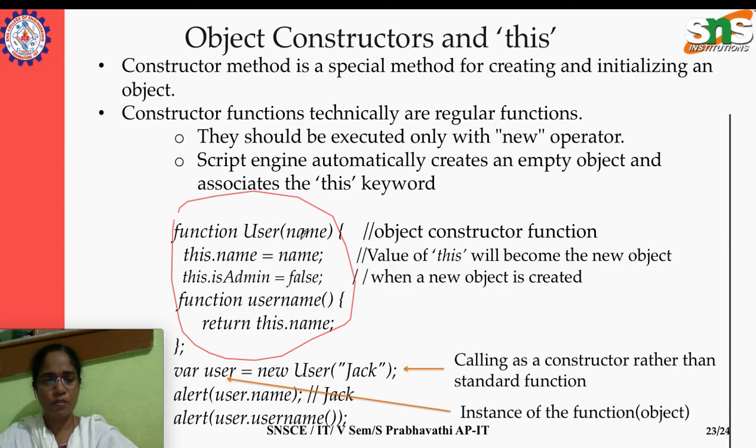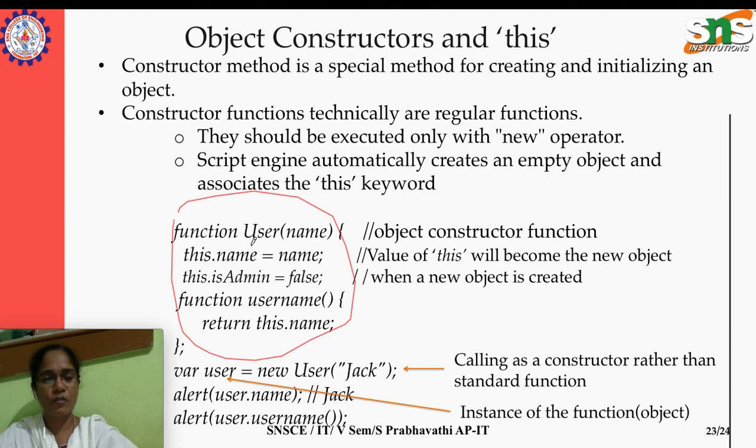Here this says about the current object. The value of this will become the new object when the new object is created. You can have more objects, like object 1, 2, 3, and each and every object will have its own property name and isAdmin.